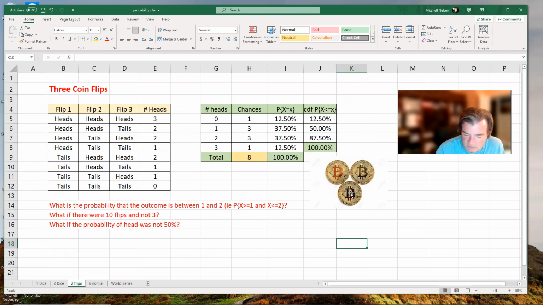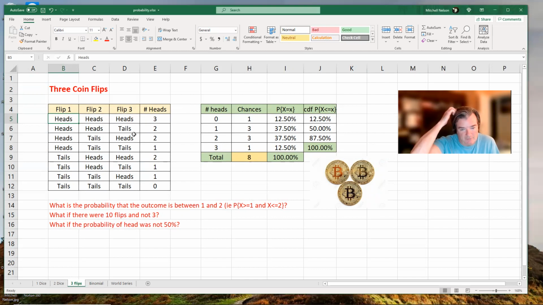and the coin, let's say once again, has a 50% chance of coming up heads, 50% chance of coming up tails. How many possible outcomes are there? Well, if there's nothing wrong with the coins, they each have a 50% chance, then the possibilities are, I basically just enumerated them here. So it could come out heads, heads, heads. You know, first coin, second coin, third coin.